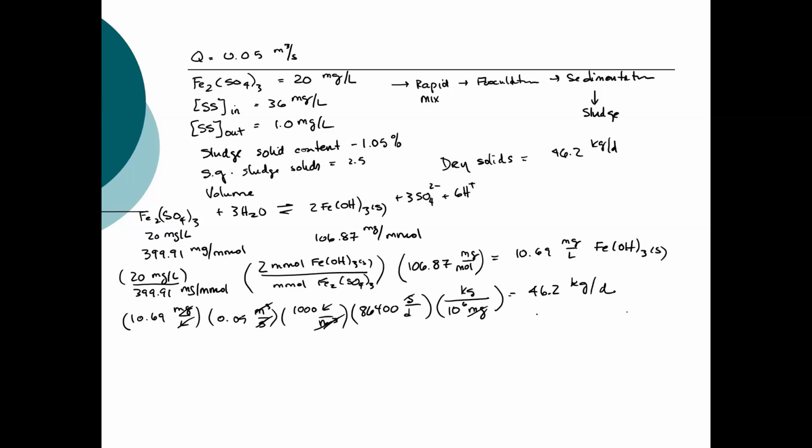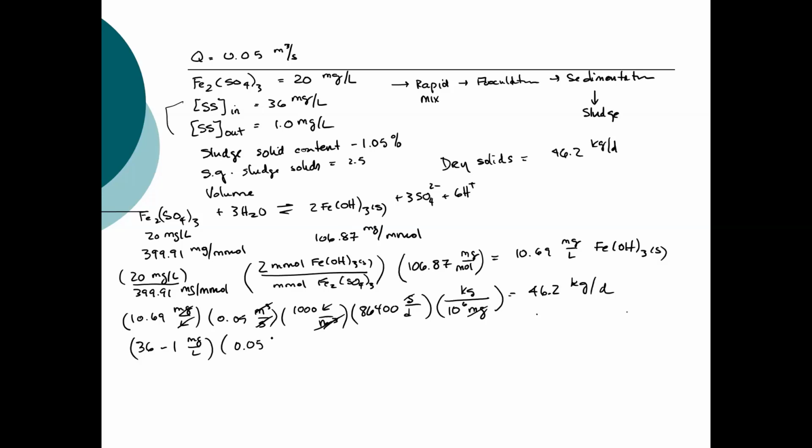So we're looking at calculating the amount of sludge that's produced. We also need to take into account the suspended solids. So we have 36 minus 1. That 1 is in the effluent. The rest ends up in our sludge.